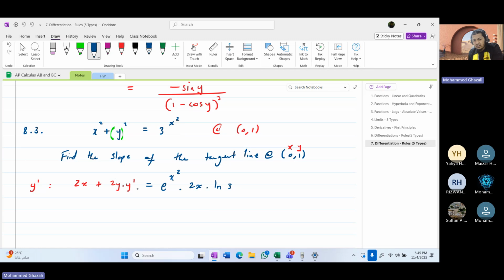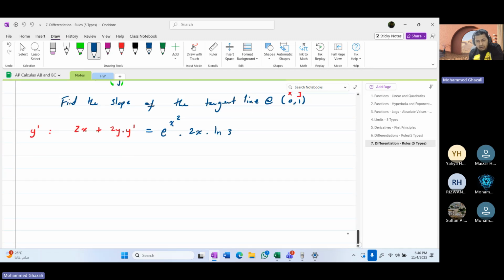Now, to find the slope, that's very simple. You have to solve for y prime. But because you are solving for y prime evaluated at 0 and 1, you can just substitute 0, 1 here. What's the x value? 0. What's the y value? 1.